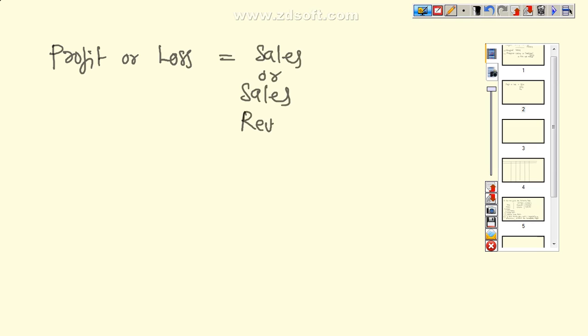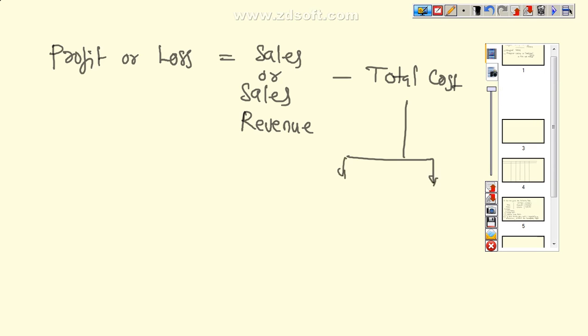So profit or loss is equal to sales, also known as sales revenue, minus total cost. Total cost comprises of two components. One is variable cost, second fixed cost.